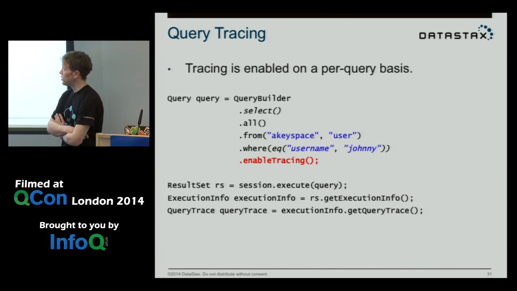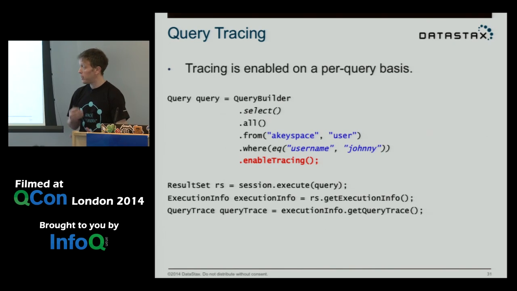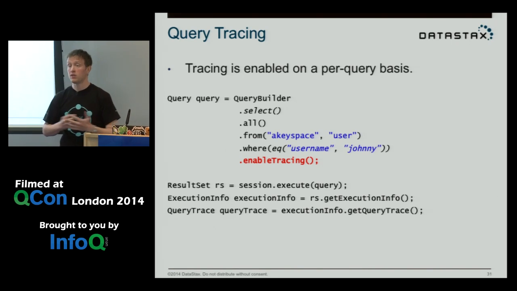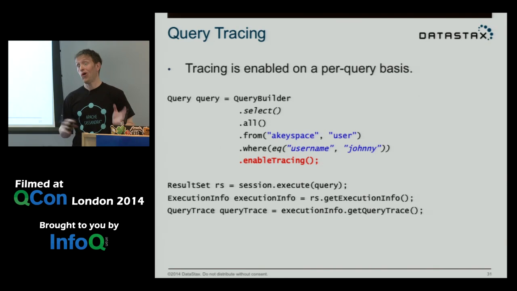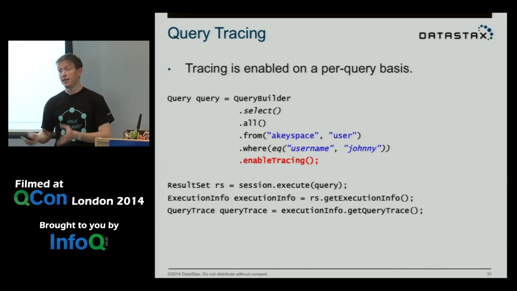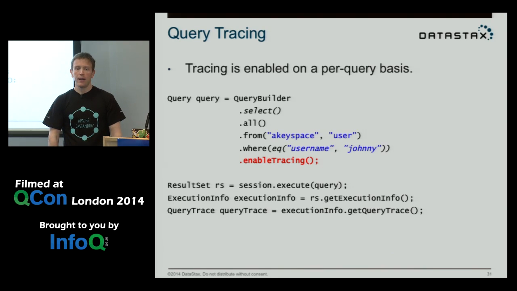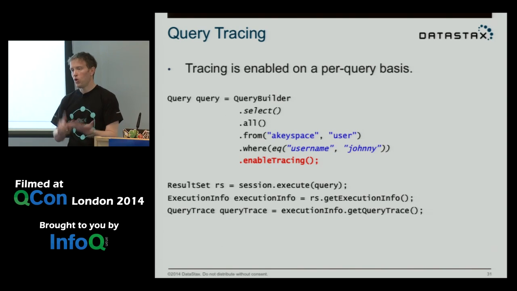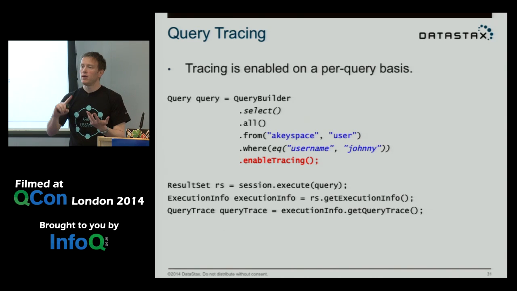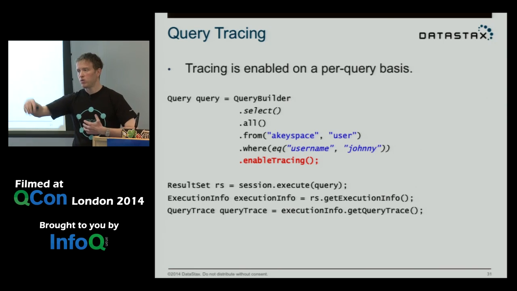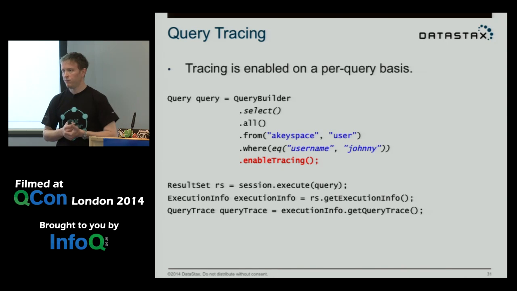After you execute that query, you get back an execution info object, and from there you can get a query trace object. This gives you all the diagnostic information that you would be getting had you gone through the command line. So you know what nodes you've attempted, you know the latency if the coordinator has gone out to the other nodes to find it. You get a lot of diagnostic information in there.